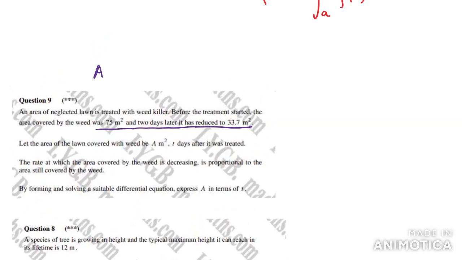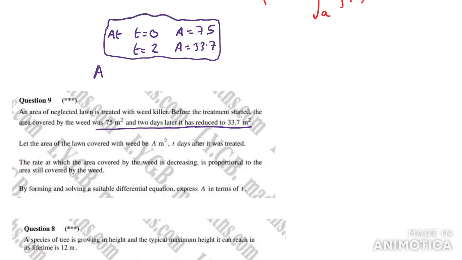So it's worth writing them out, but just remember that these are never going to be used until the very end of the question. So at t equals 0, A equals 75, and at t equals 2, A equals 33.7. Okay, these are going to be just something we'll keep in our pocket for now.